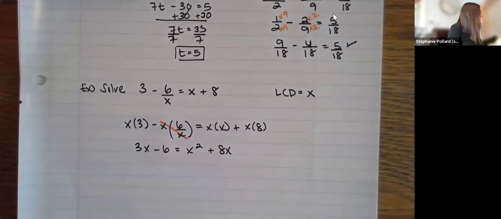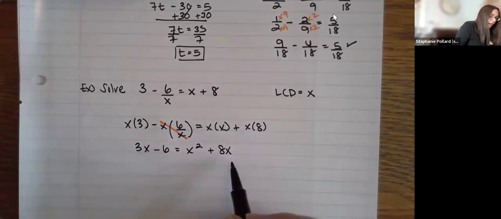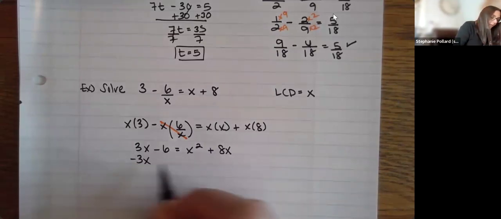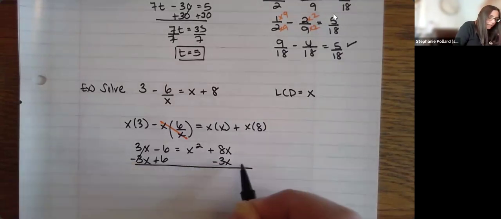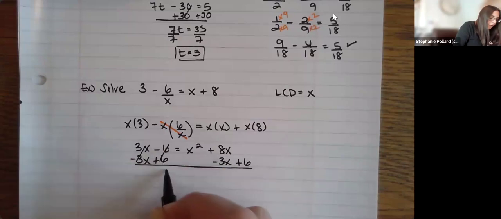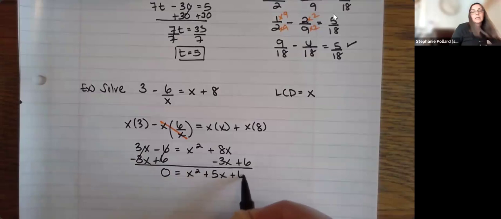All right, I'm going to get everything to one side here. So I'm going to bring everything to my right side. I like to keep the x squared positive when I can. I'm going to do this at the same time. So I have a 0 on the left, x squared plus 5x and plus 6.